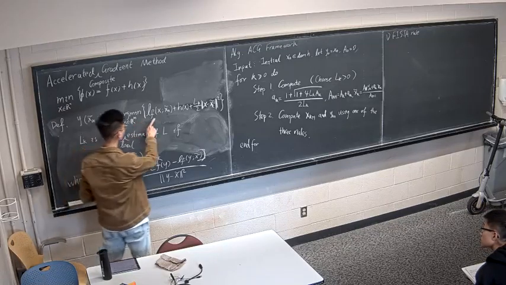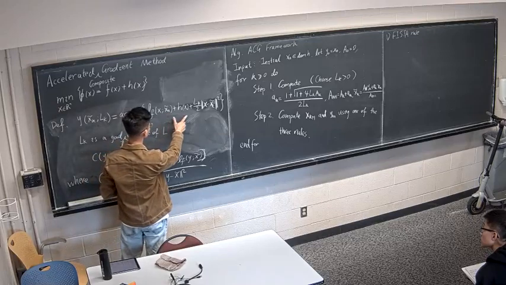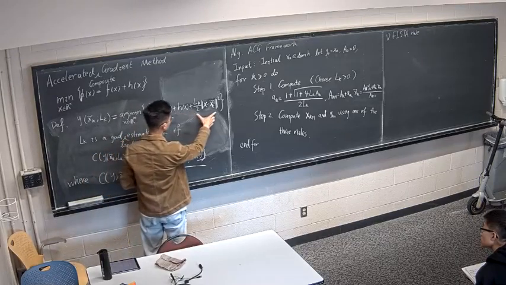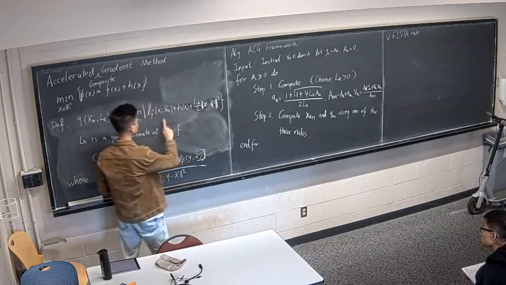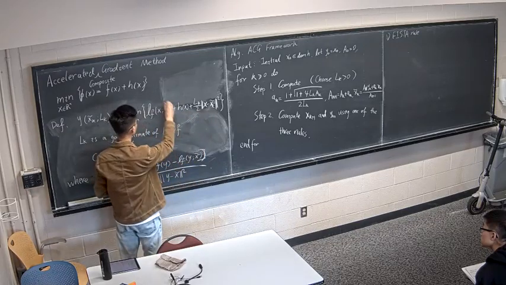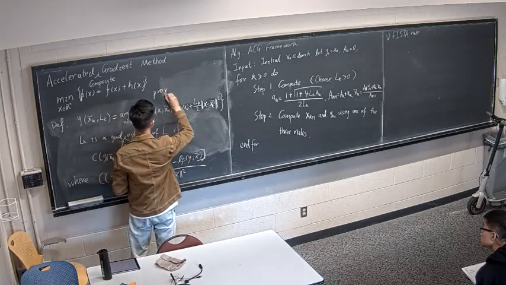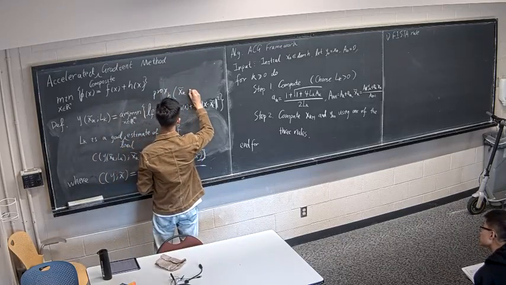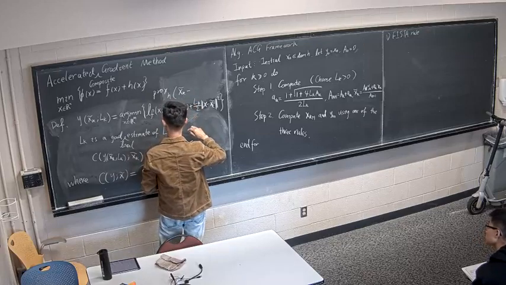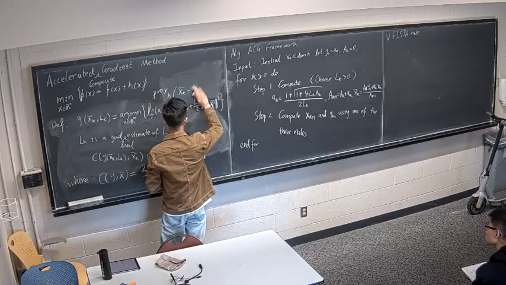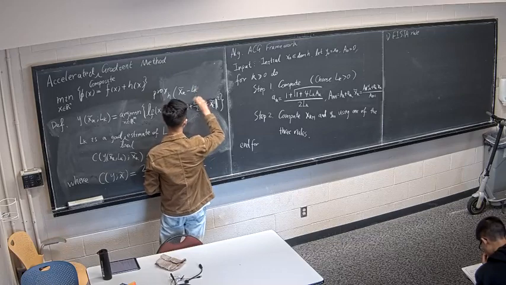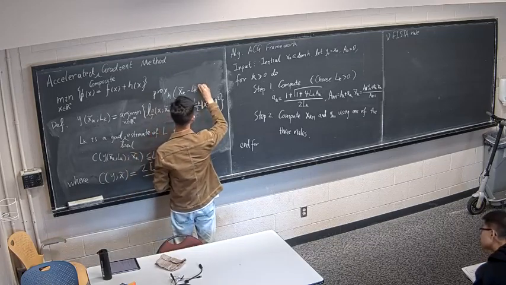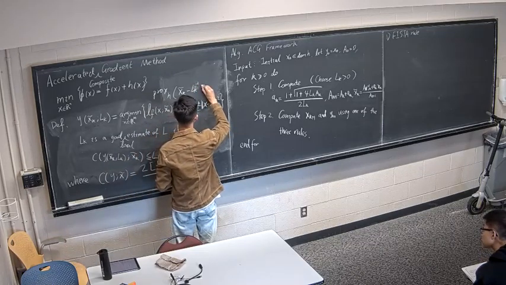Remember that we first linearize f at a certain point and keep h as is and add a quadratic. And this can be written as the prox mapping of h of x_k minus 1 over L_k, L_k inverse times the gradient.